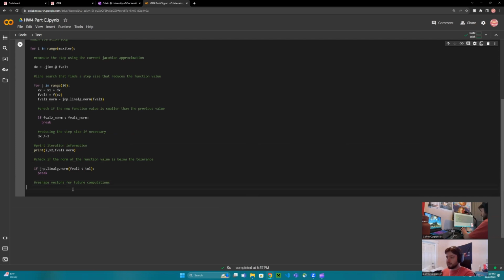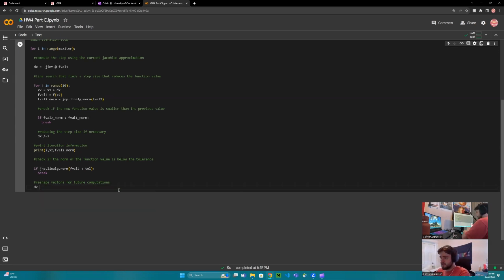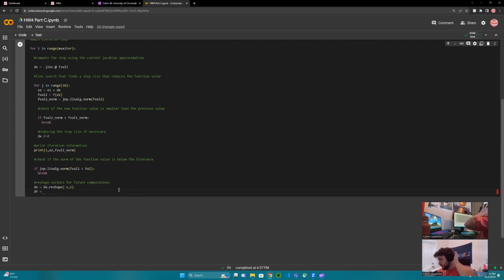Okay, so now we can reshape the vectors for future computations. dx is equal to dx reshape -1 to 1. df is equal to df reshape -1.